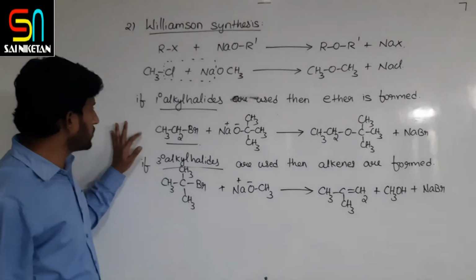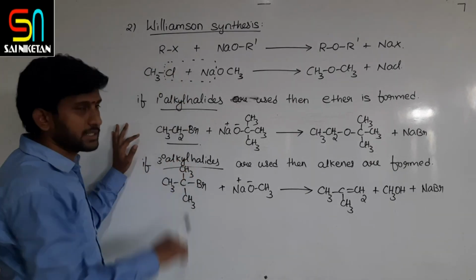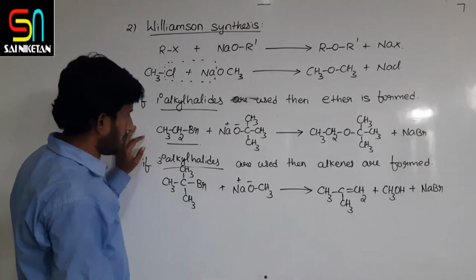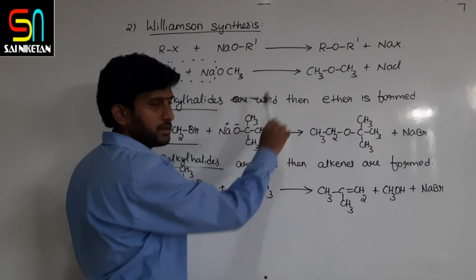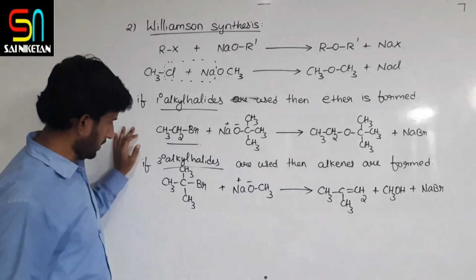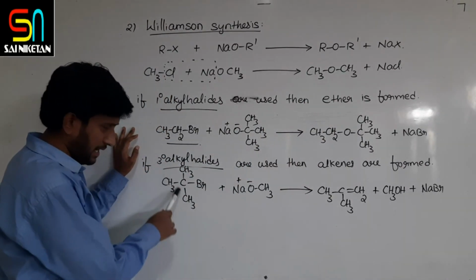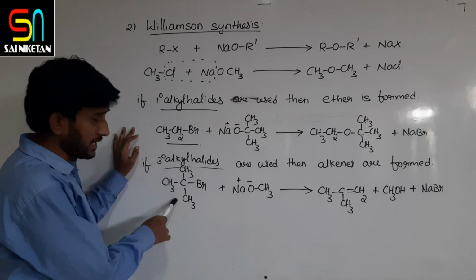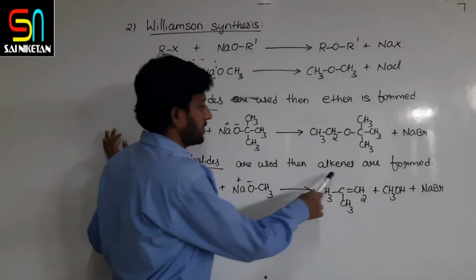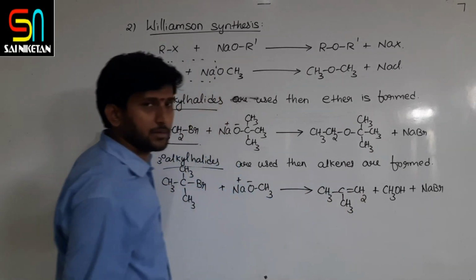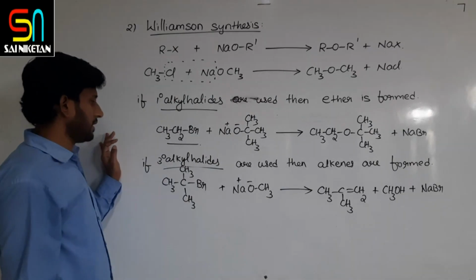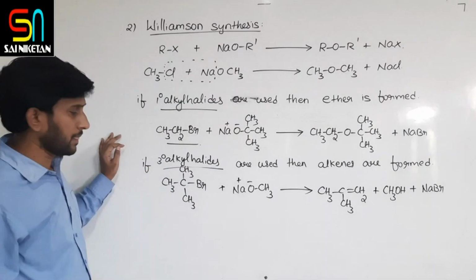If we are using primary alkyl halides in this method, you are getting ethers as product. If you are using tertiary alkyl halides in this reaction, then you are getting alkenes as the major product. Then why is this happening?